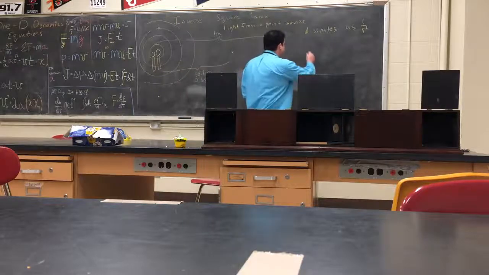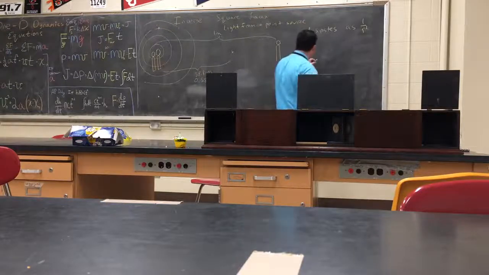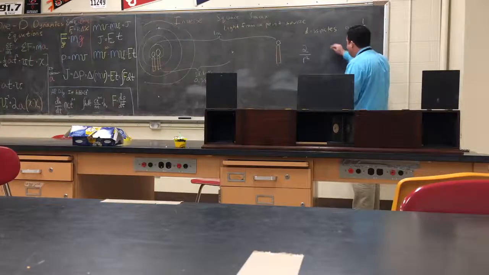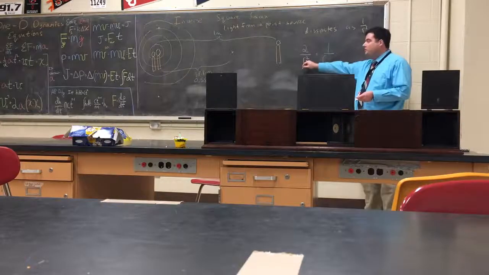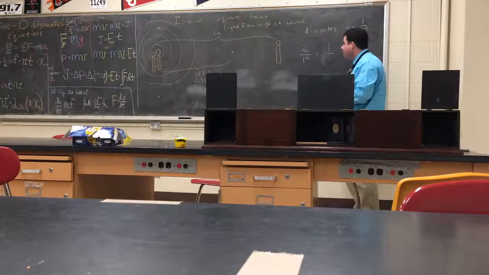So we're going to say our two candles. We want to find out what distance r from them the brightness from one candle is the same. So we don't know what r is, but we're proposing this inverse square law because we expect it has spread out over a larger and larger area.